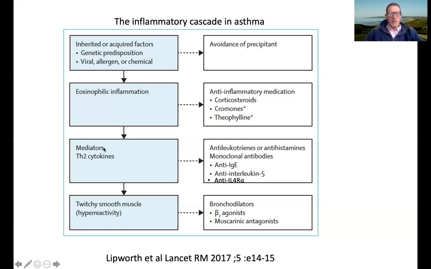You then get release of these mediators, particularly histamine and leukotriene D4, and release of the signature Th2 cytokines 4, 5, and 13. What that does is it then sensitizes the smooth muscle to become twitchy, what's known as airway hyperresponsiveness or airway hyperactivity. So, on the right side, how do we treat asthma?